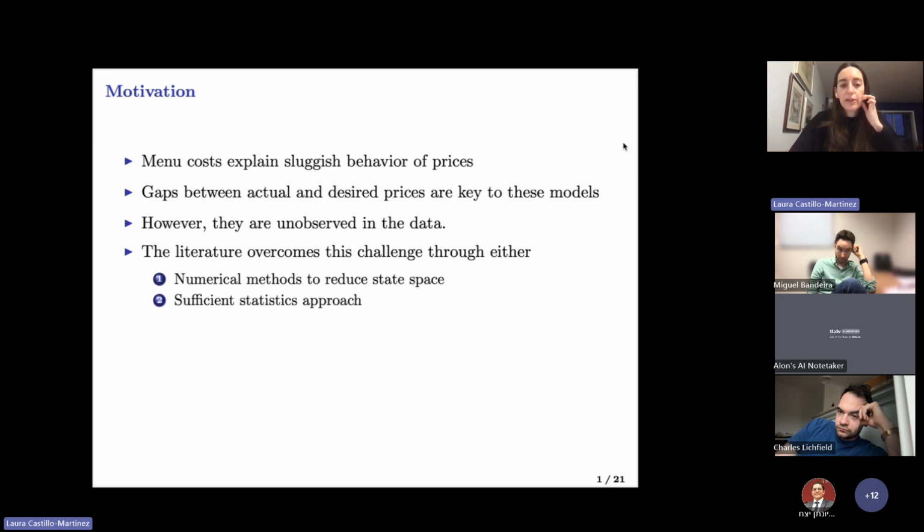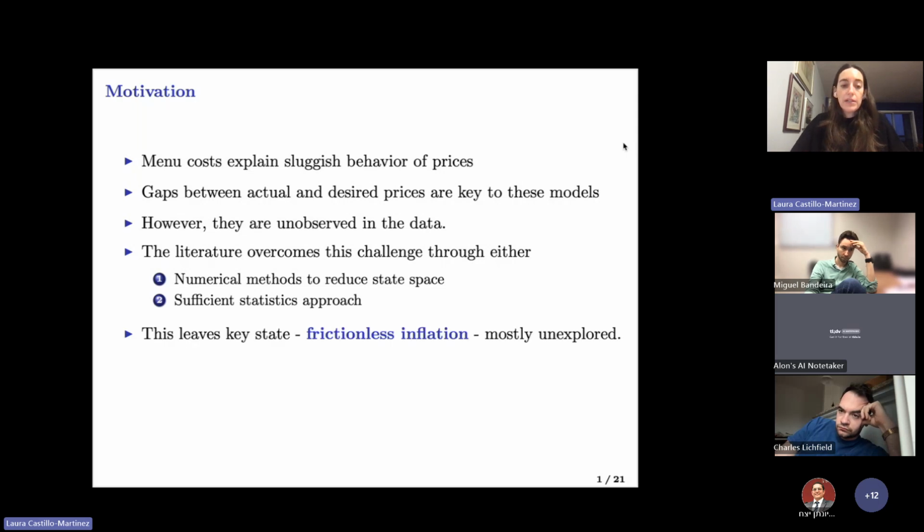And more recently, there's a strand of papers trying to figure out what sufficient statistics are able to summarize the key predictions of this model. Either of these two approaches, which are very common nowadays, share the fact that they sidestep the core unobserved state that drives inflation in this model.